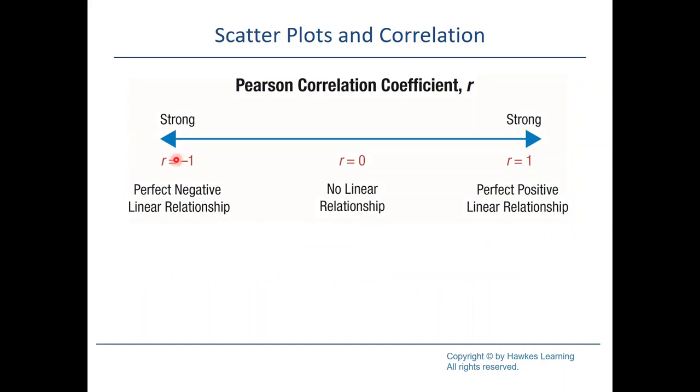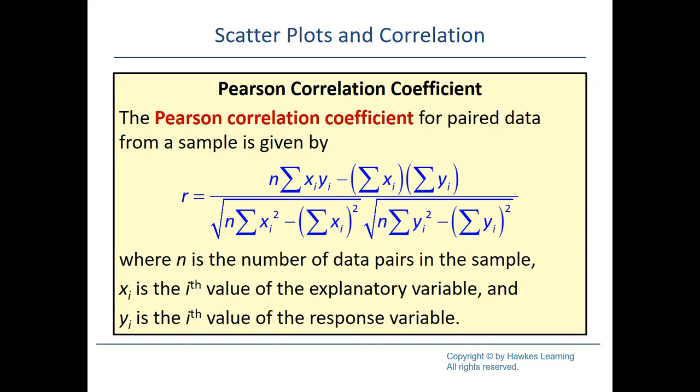So if I'm closer to either end, where R equals -1 or R equals +1, that is going to be a strong correlation. If I land perfectly at R equals 0, it means there's no linear relationship whatsoever.